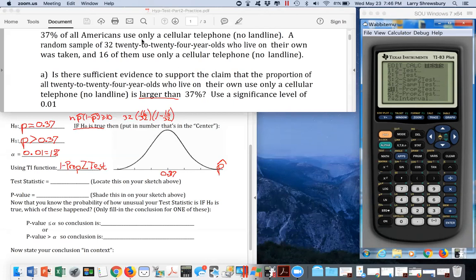And so let's calculate what that is. I'm going to press second quit to get to the home screen here. And we'll put in 32 times, I'm just going to go ahead and punch in the whole fraction, even though I could be putting in decimal, and 1 minus 16/32.